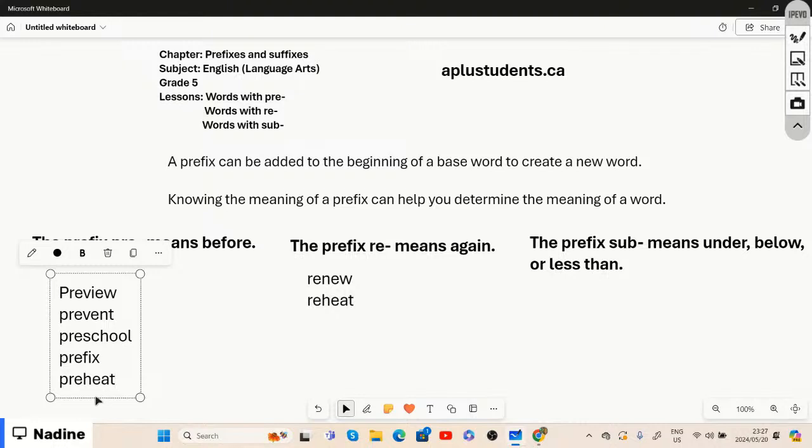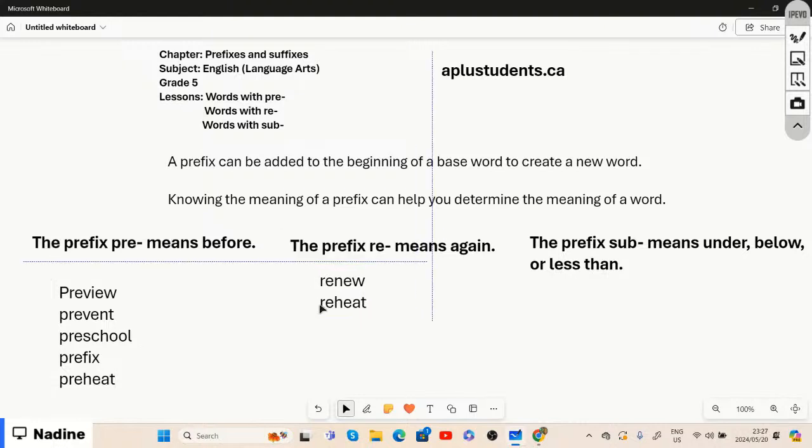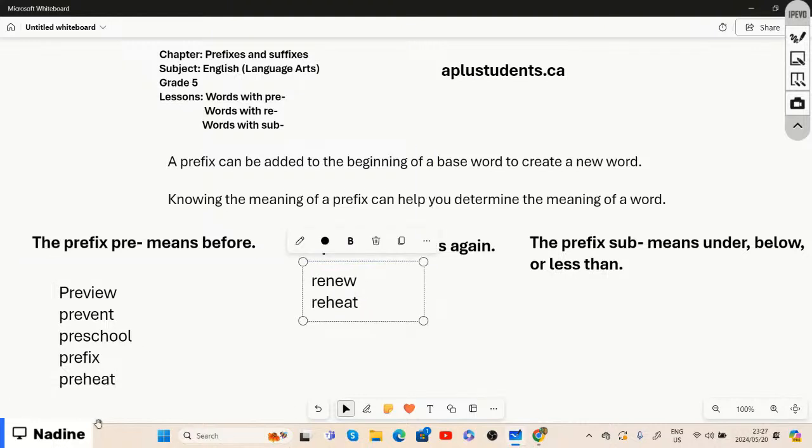They'll usually tell you to preheat the oven to whatever degrees, meaning that the oven needs to be heated first before you put the cake mixture in. And that means preheat. So do you see how the words change based on the prefix that was added to it, like re added to the word heat, or pre added to the word heat?